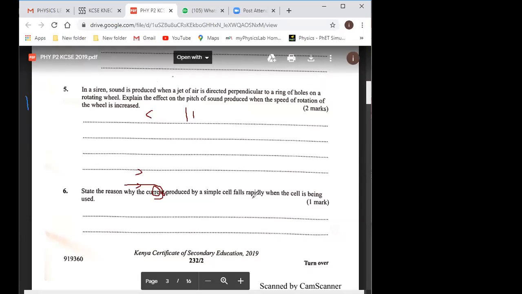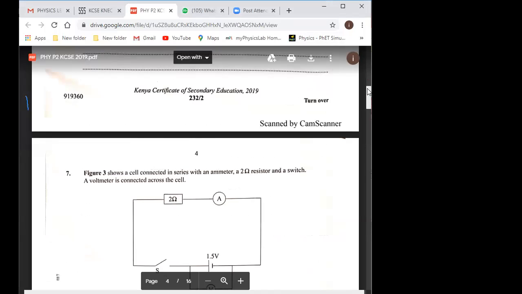Question number 6. State a reason why the current produced by a simple cell falls rapidly when the cell is being used. Why do you think the current falls rapidly when the cell is being used?